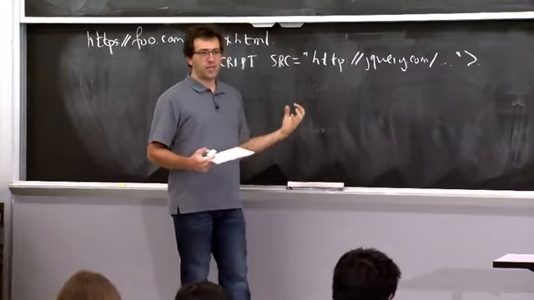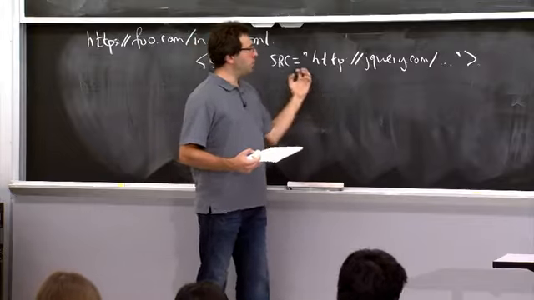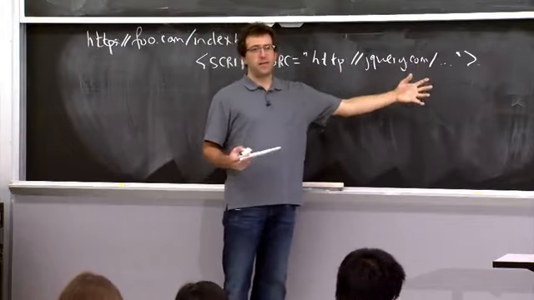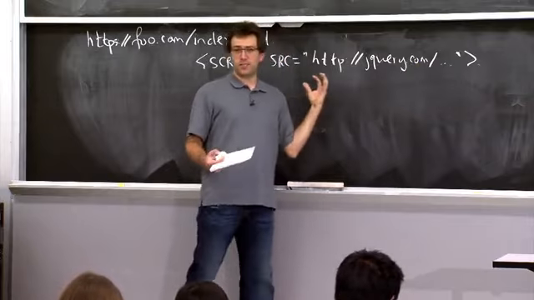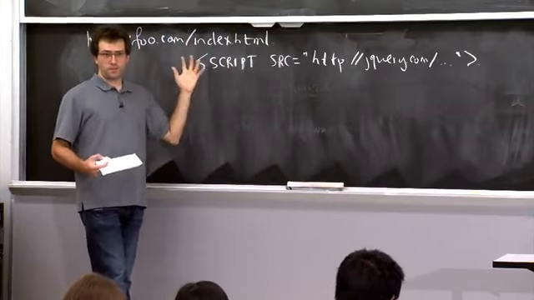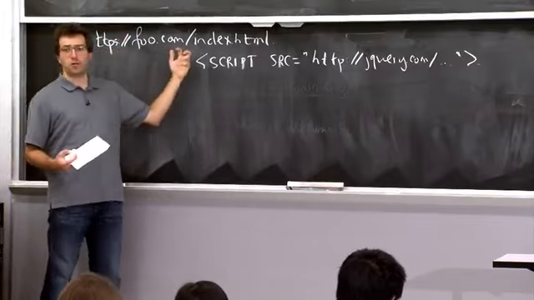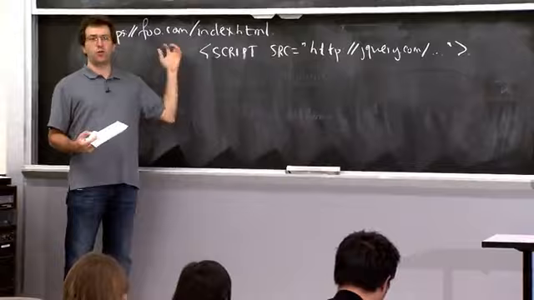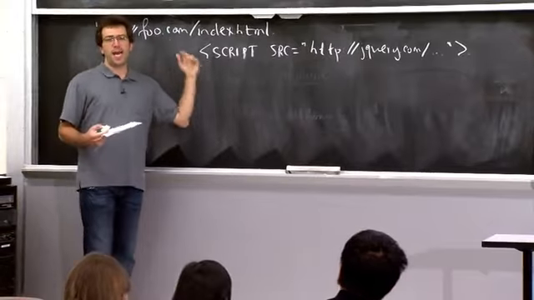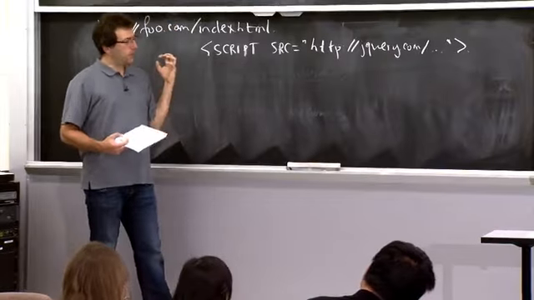So if an adversary is in control of your network connection, then they could intercept this request and serve back some other JavaScript code in response. And this JavaScript code is going to run as part of this page. Because it's running in this HTTPS foo.com domain, it has access to your secure cookies for foo.com and any other stuff you have in that page, etc. So that seems like a really bad thing.